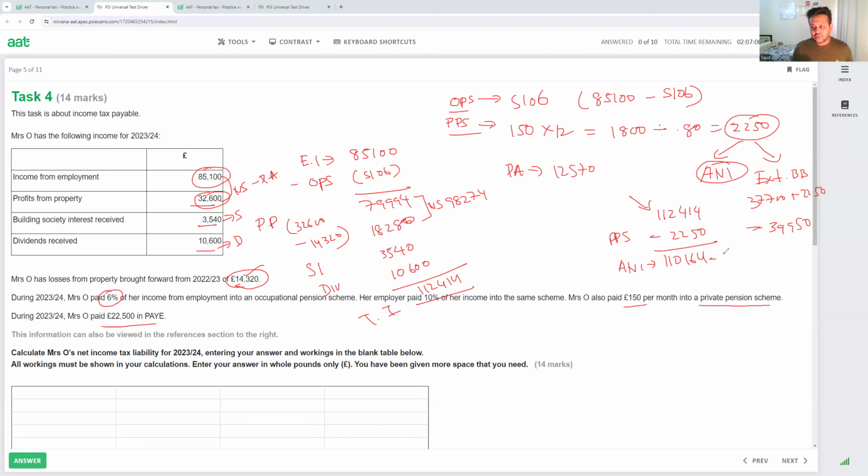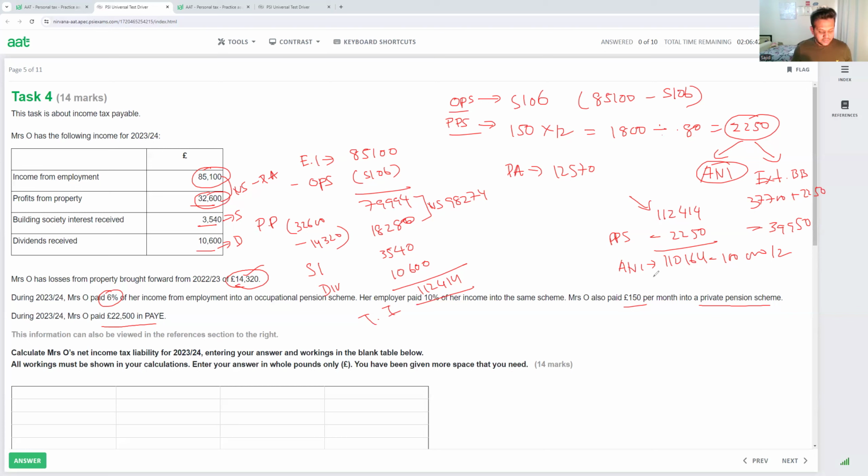And from here, I need to minus 100,000 from the threshold. This is the guideline from the HMRC. If my income is more than 100,000, for every £2, £1 of personal allowance needs to be reduced. So let's find out the difference, and we have to divide by 2, because for every £2, £1 needs to be reduced.